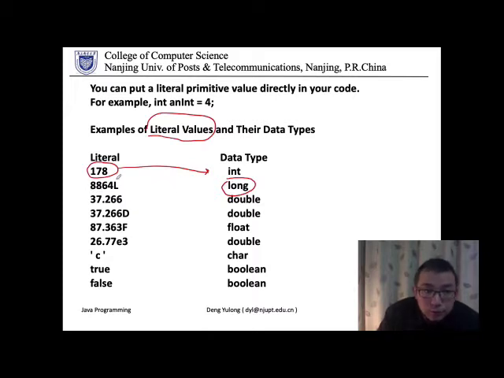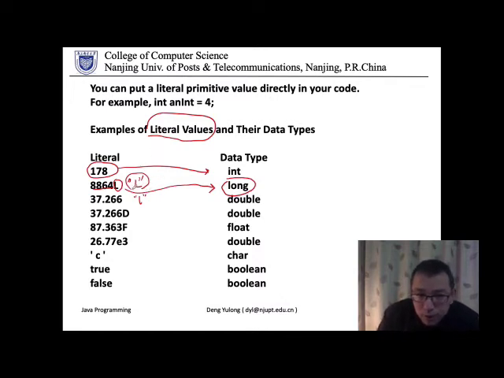How do we write it? We should add a postfix, a big L, at the end of the data. Here is 8864 with the big L at the end. So this is the literal value, and we assign it to a long variable. Be sure you use the big L, not the small l. Why?